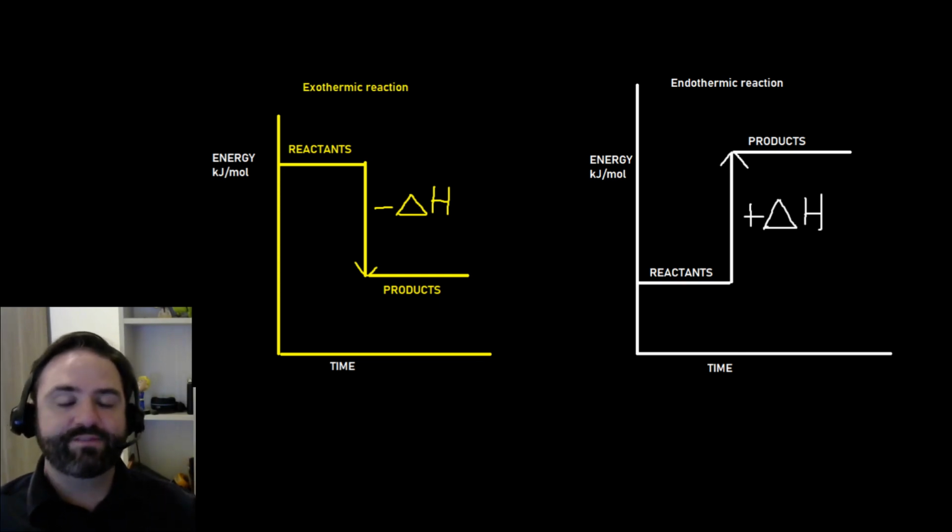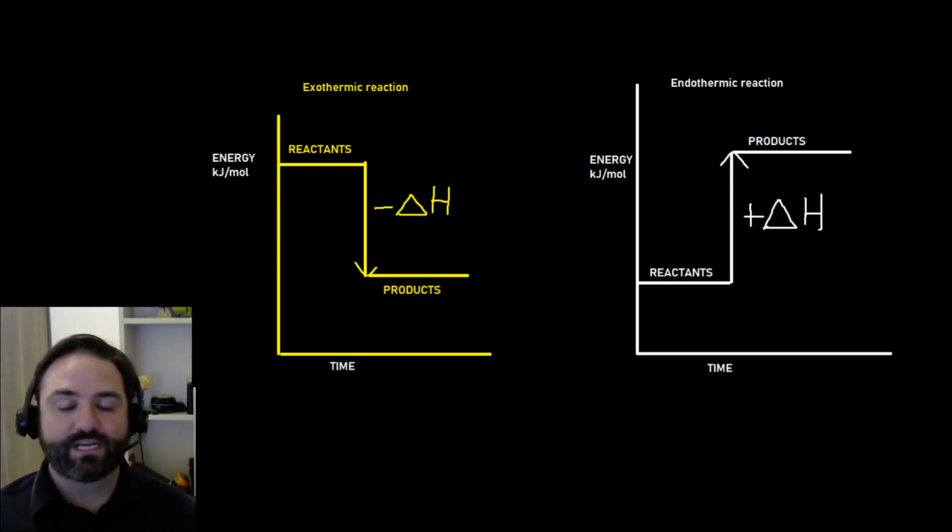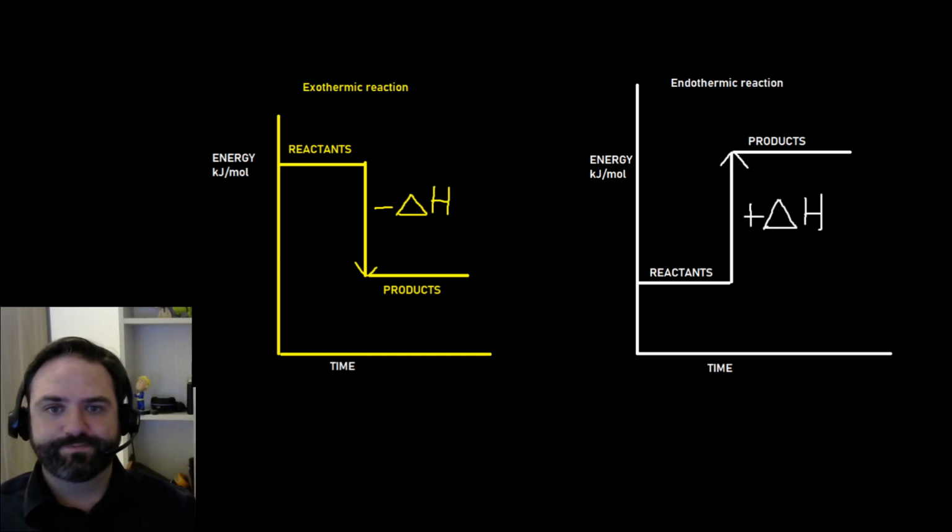So if you have a negative delta H, that's an exothermic reaction. Because energy goes up for the endothermic reaction, delta H for an endothermic reaction is positive. That's a way to tell the difference between the two using numbers.